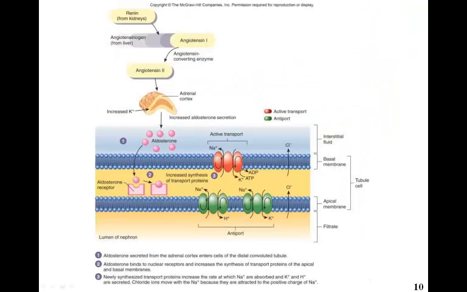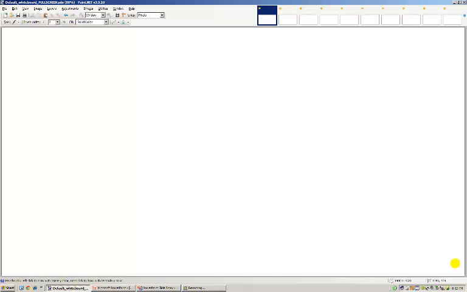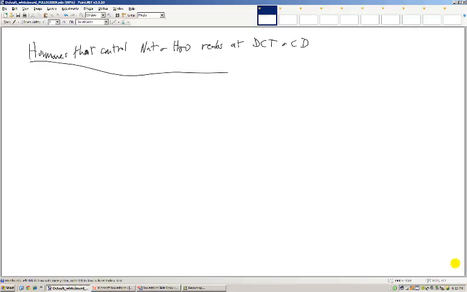So the two hormones that control sodium and H2O reabsorption at the DCT and collecting duct. Sorry, my handwriting, that's terrible.